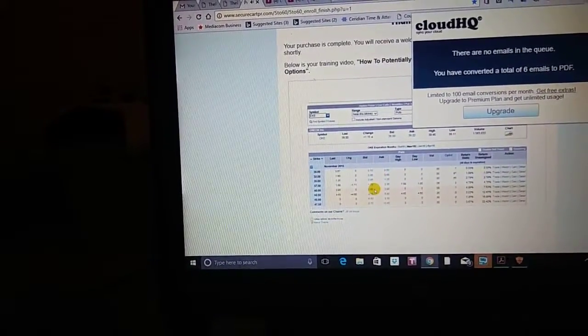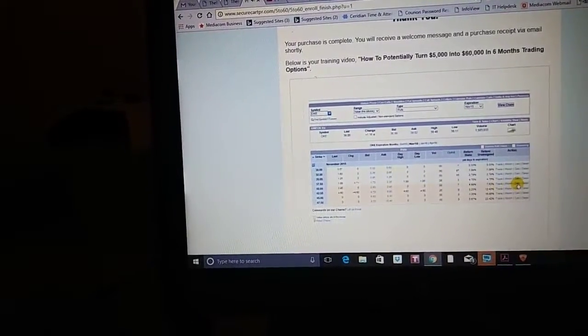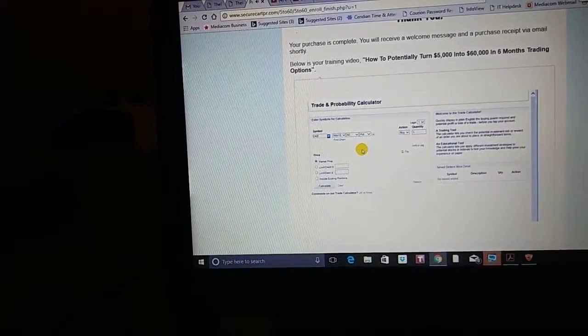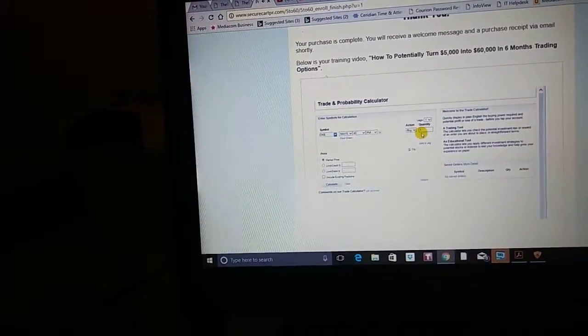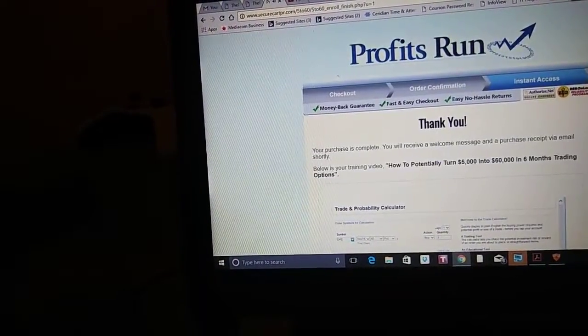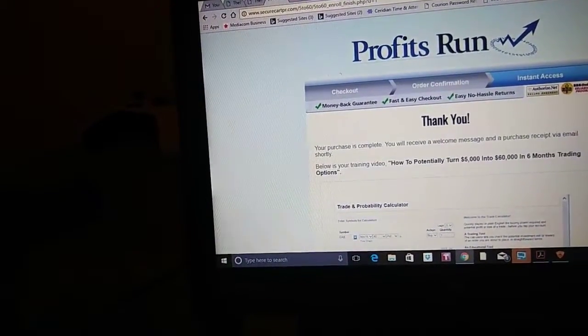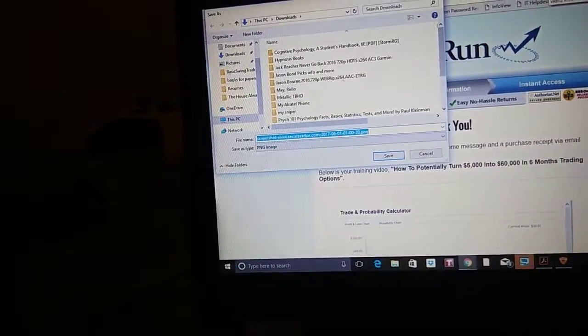We want to buy the 1 or 2 strike in the money, and here's why. Let's click on Calc, and that brings up what is called the trade and probability calculator. So here's our symbol, our month, our strike price of 40, put. Let's say we want to buy one, and let's buy it at, say, $3.30, the midpoint of the bid ask, and click calculate.